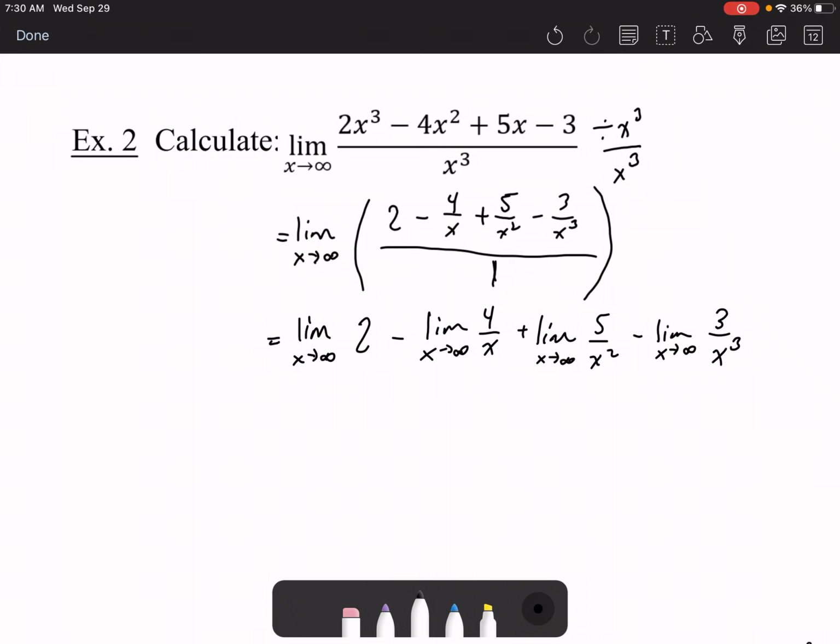If you notice, the 4 over x, the 5 over x squared, and the 3 over x cubed, as you get infinitely large values, the denominator takes over, getting very, very large. The top number is very, very small comparatively, and each one of these tends toward 0. This is a common way we write that it tends towards 0.